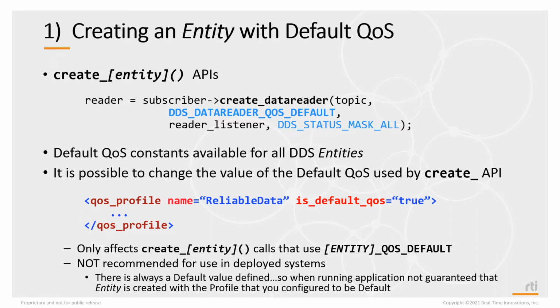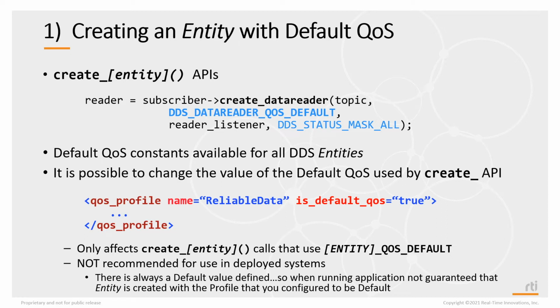And the reason for that is when you're making that call, since there's always a default value defined, you're not going to be totally sure what values are being used to create that object. If DDS doesn't find a profile that has is default set to be true, well, there's always the documented defaults. We could use that instead.